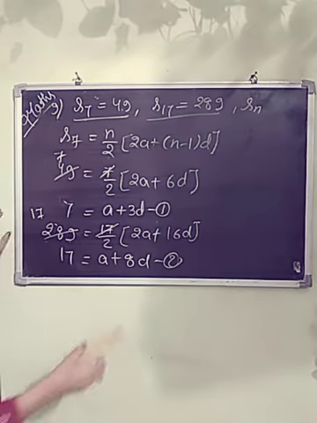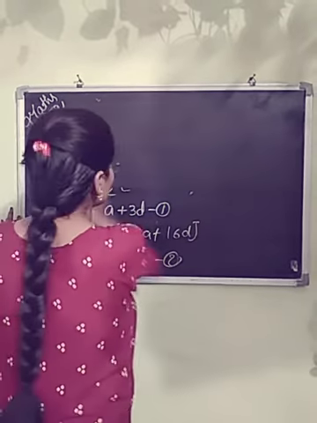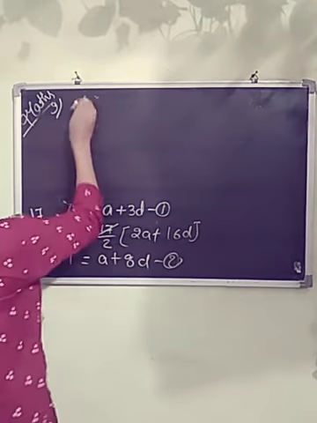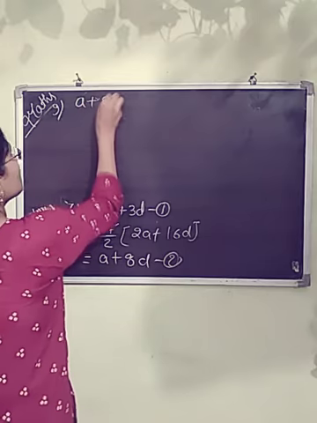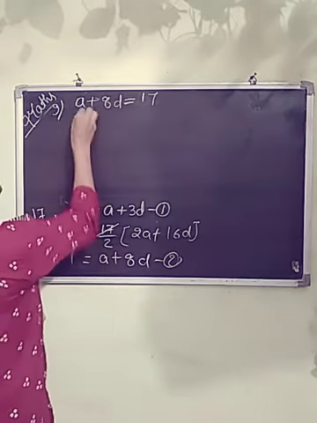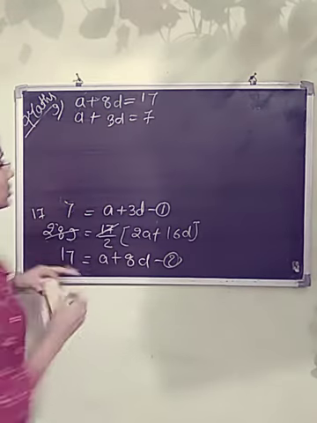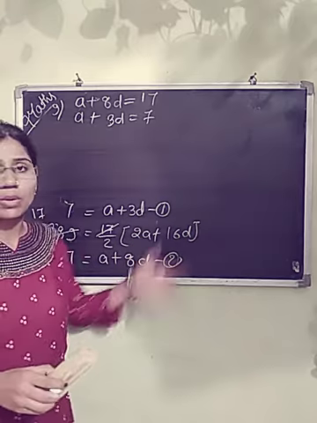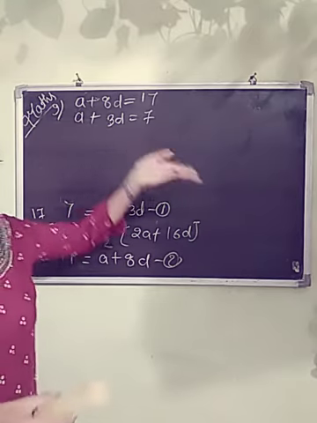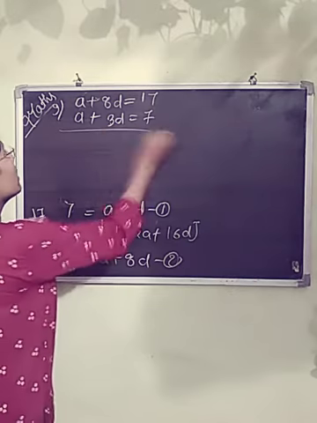Now please use these two equations to solve the question. Our equation is a plus 8d equals to 17, and next is a plus 3d equals to 7. Now please don't ask the question that can we write these two equations in the shuffled way. Yeah, we can do. Shuffled means we can change the place, no issue.